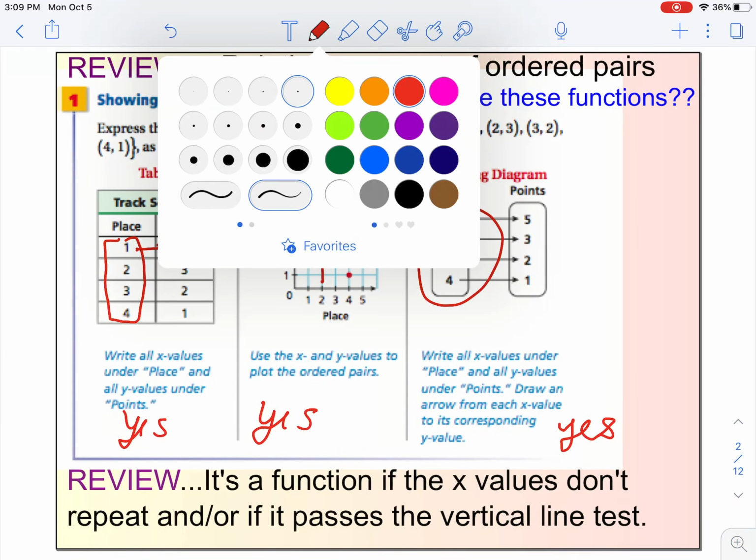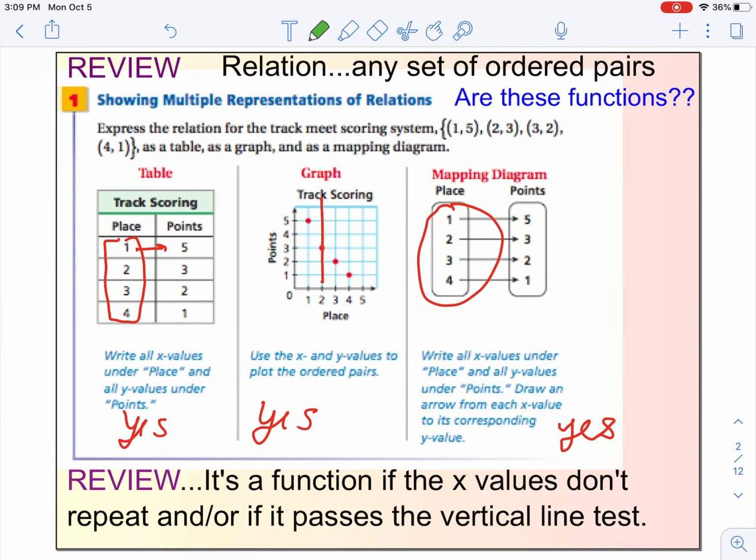Now, if I had a different arrow coming off of this 4 over to 2, now, no, not a function, because the x value of 4 has two different point totals assigned to it, and that can't happen.